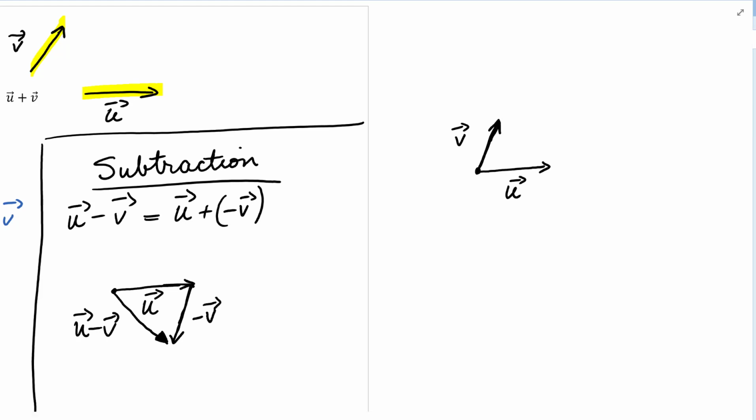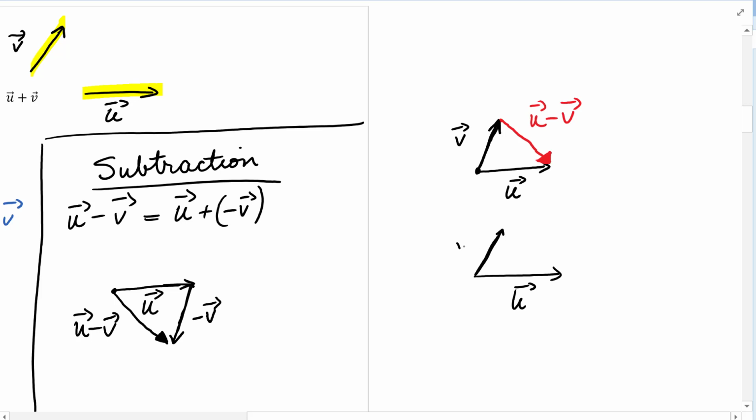And if we draw this vector here, because it ends at the same point where U ends, we have U minus V. If I had the same U and V, the original ones, and I drew this one, we would have V minus U. So wherever the end point is, that's the vector that we start subtracting from.